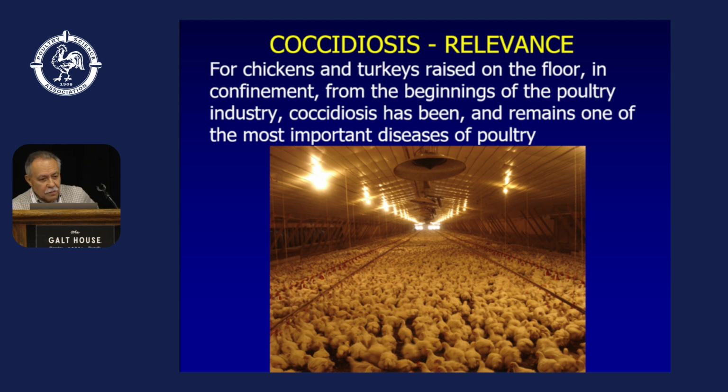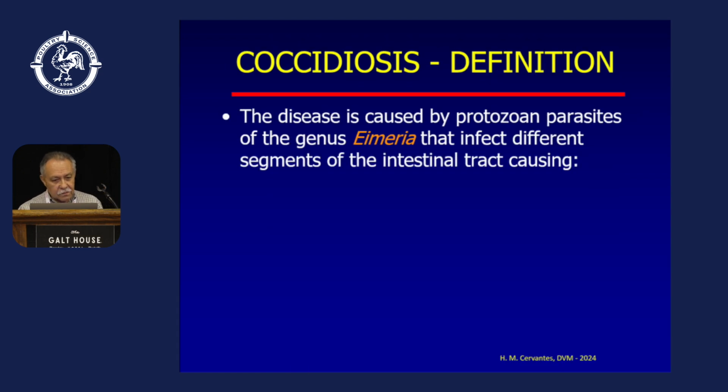As far as its relevance, for as long as we continue to raise chickens and turkeys on the floor in confinement with relatively high stocking densities, just like from the beginning of the poultry industry, coccidiosis has been and will remain one of the most important diseases of poultry.